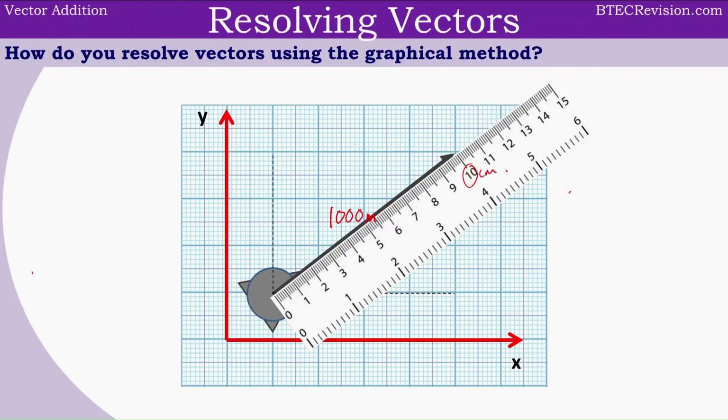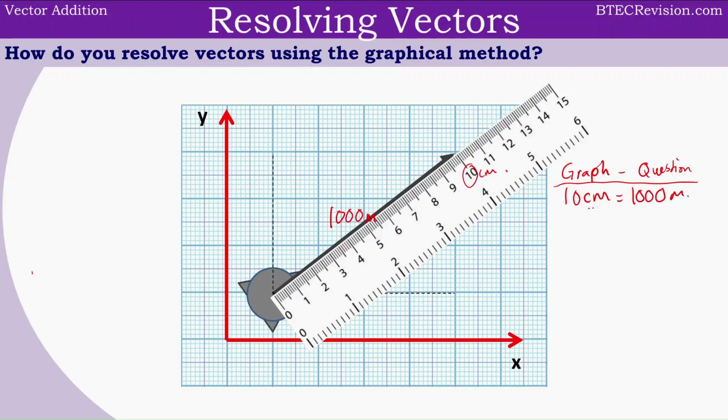So therefore, we can say that 10 centimeters is equal to 1,000 meters. Now, this is 10 centimeters on the graph, and it's equal to 1,000 meters in the question. So this is our key, and we can use this to work out any other lengths that we need to.